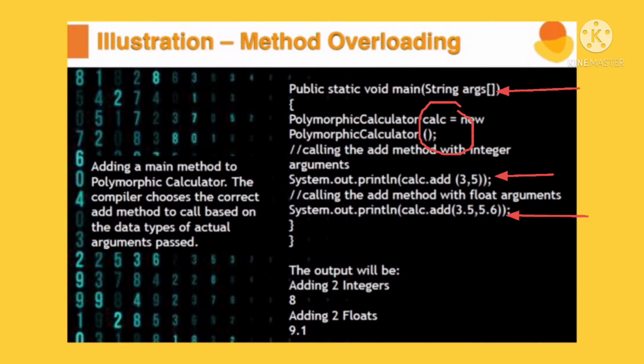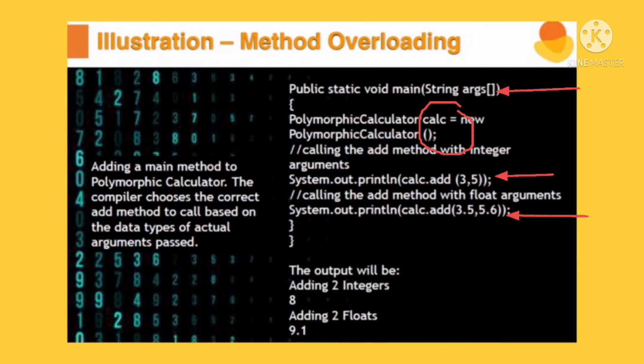Guys, here two different methods are called based on the context. When we pass the integer values, then the method that sums the integers is called. And when we pass the float values, the method which sums the float values is called.